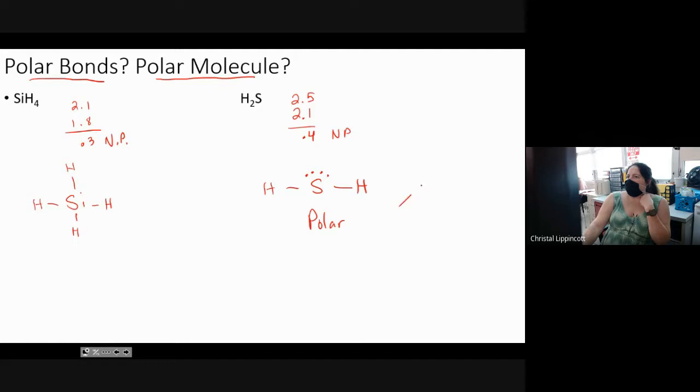So when you have a bent structure, that's also an indication that you're going to have a polar molecule. Even though these bonds are nonpolar, the molecule itself is polar.